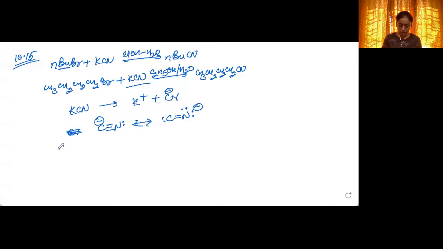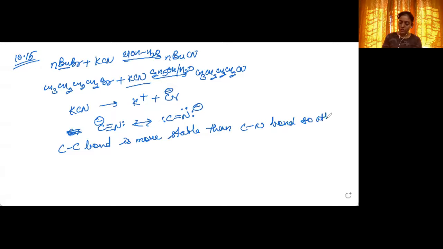Now because the carbon-carbon bond is more stable than the carbon-nitrogen bond, attack occurs through carbon. So here we can just write CH3CH2CH2CH2Br.